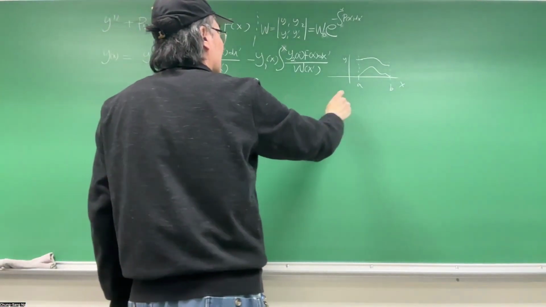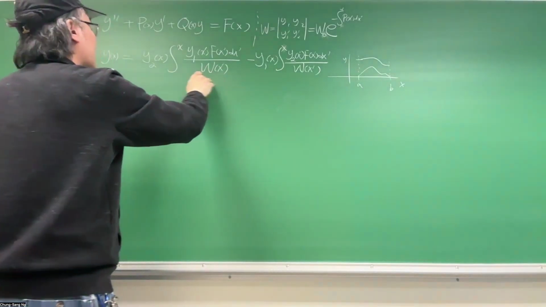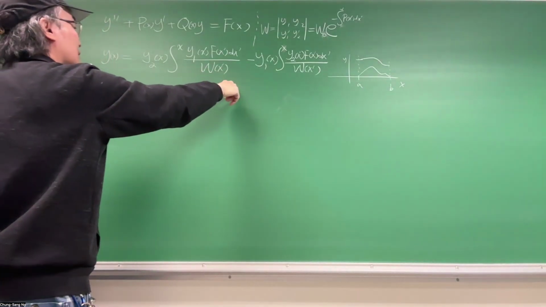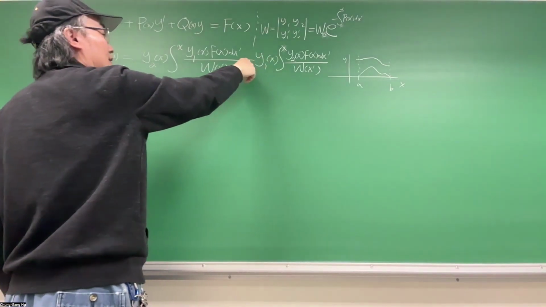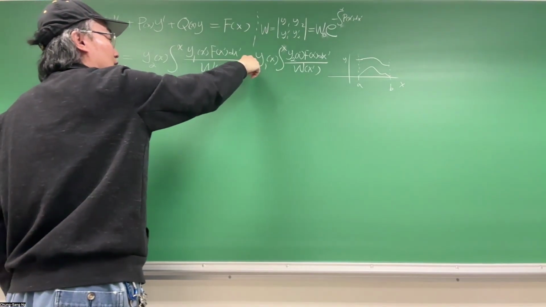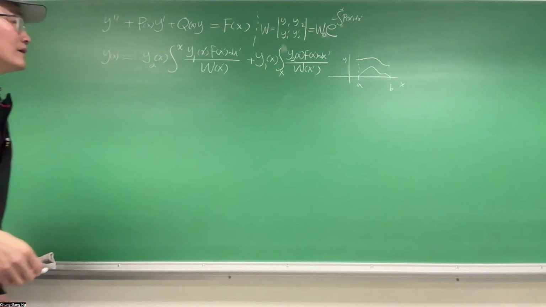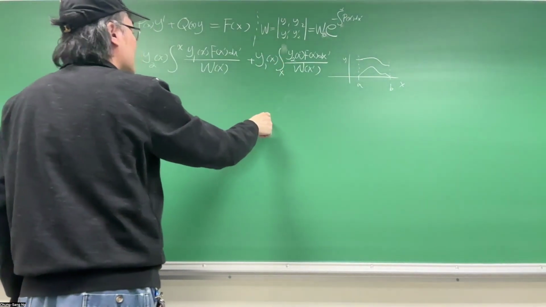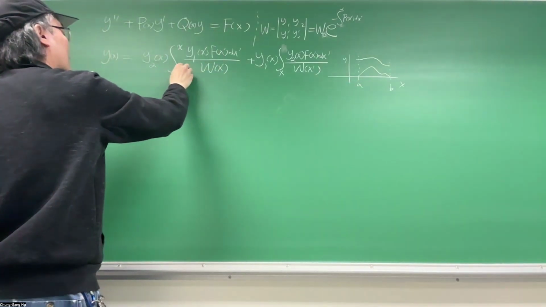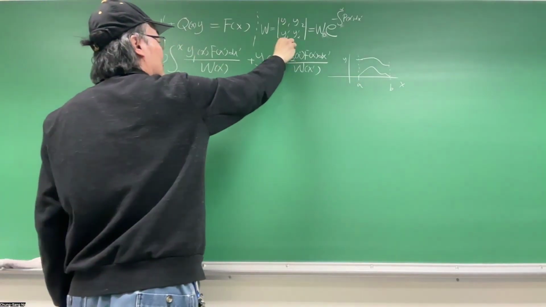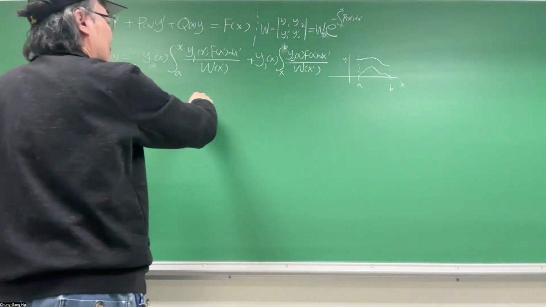And to satisfy this kind of boundary condition, we can write it like this: first, integrate over the whole range a to b. The first thing is to recognize that this minus sign you can change to a plus sign by moving that to the lower limit, right? And then the natural choice now is to integrate over the whole domain, from a to x and then x to b, and now you can combine the two.